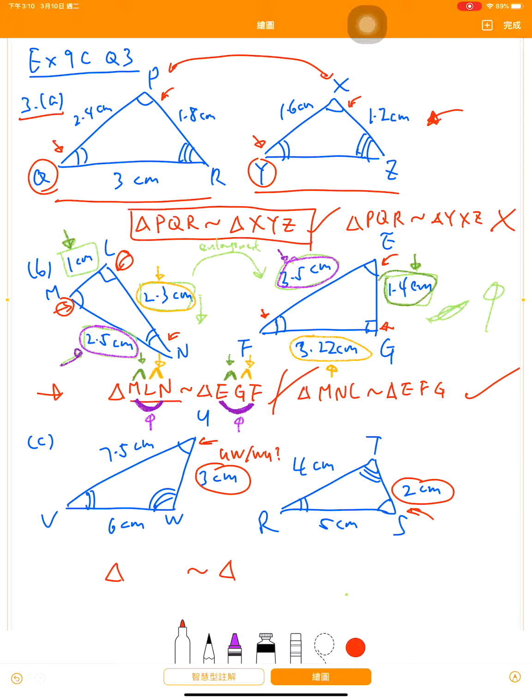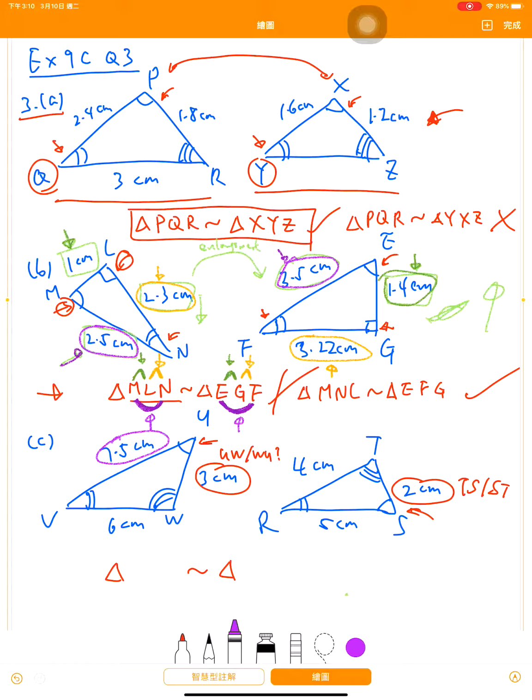We don't know, right? This time we can say TS or ST, right? So the order is very important. So what can we do? We should use one more side. That means for this one, 7.5 is the longest.